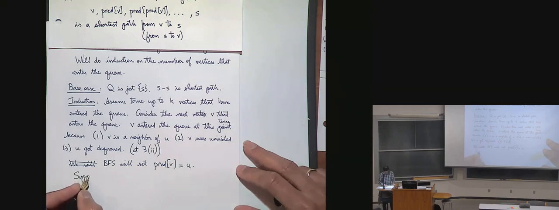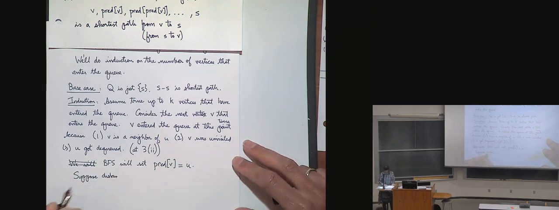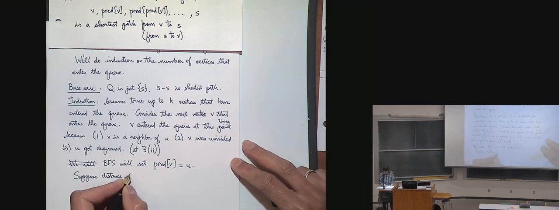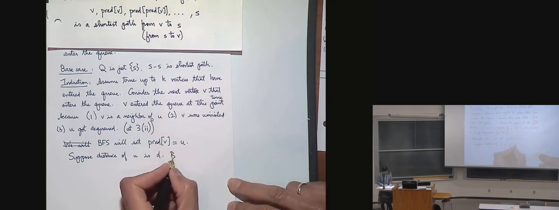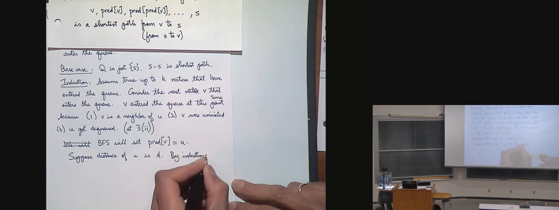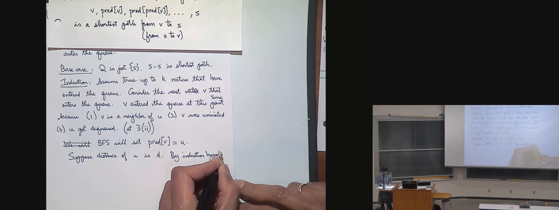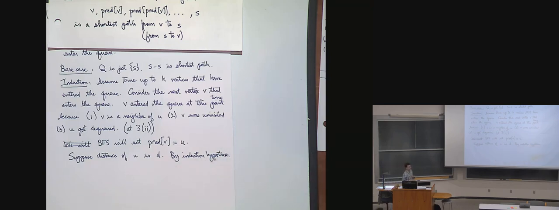Suppose, okay, so the distance of U is D. Hang on, sorry, let me just write something and then you can say what you need to say. Okay. And then by the induction hypothesis, what do I know by the induction hypothesis at this point?